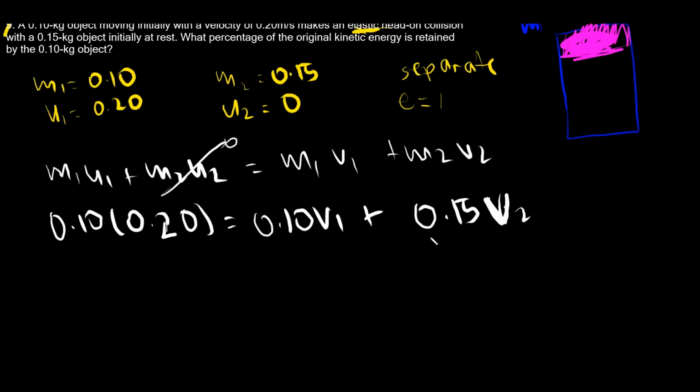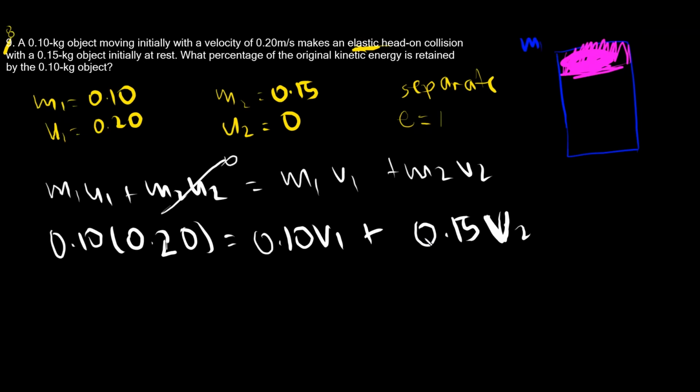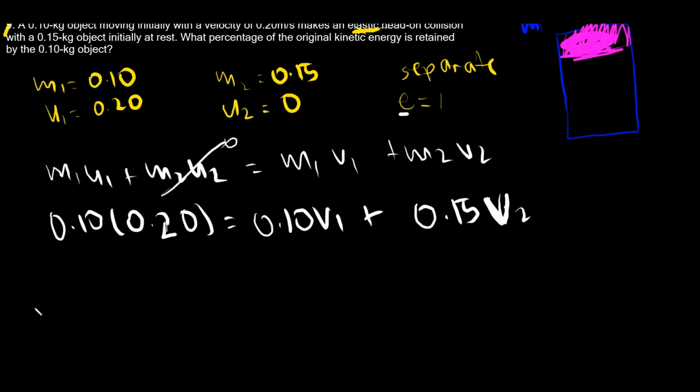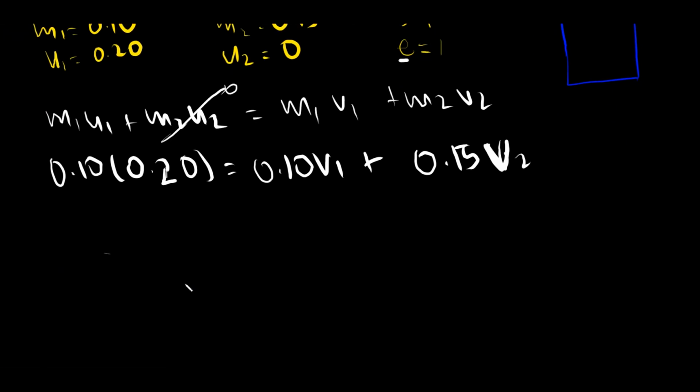Earlier, we used the coefficient of restitution in the previous problem. It's the same here since we know this is an elastic collision, so the coefficient of restitution is equal to 1. Again, the formula is e is equal to V2 minus V1 over U1 minus U2, equal to 1.